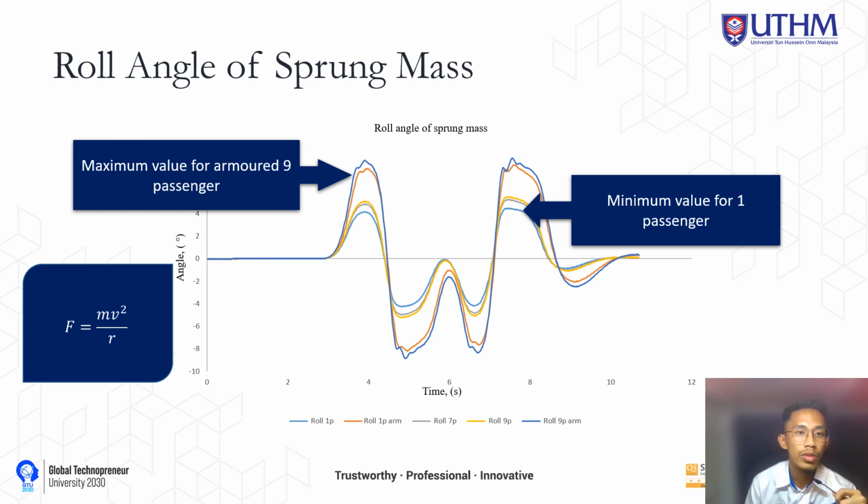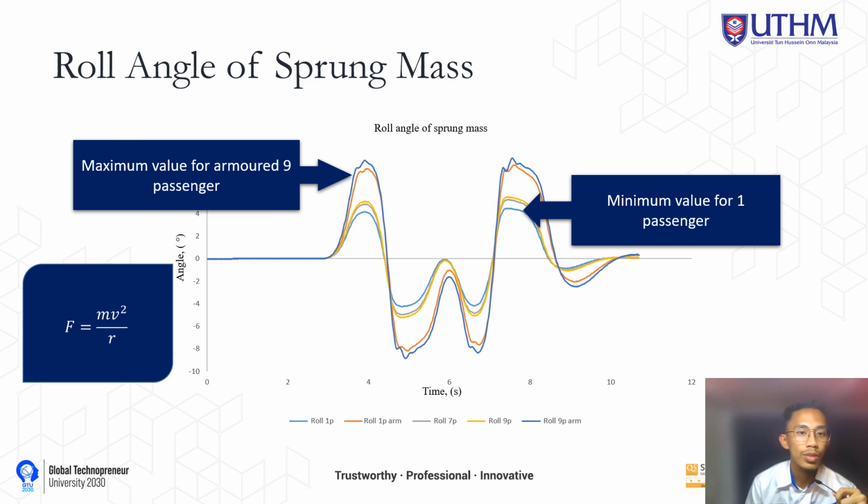M is equal to the sprung mass. When the mass is increased, the force also increases. The force also can be defined in the torque equation, where torque is equal to Fd, and d is the distance from the roll axis to the sprung mass center.